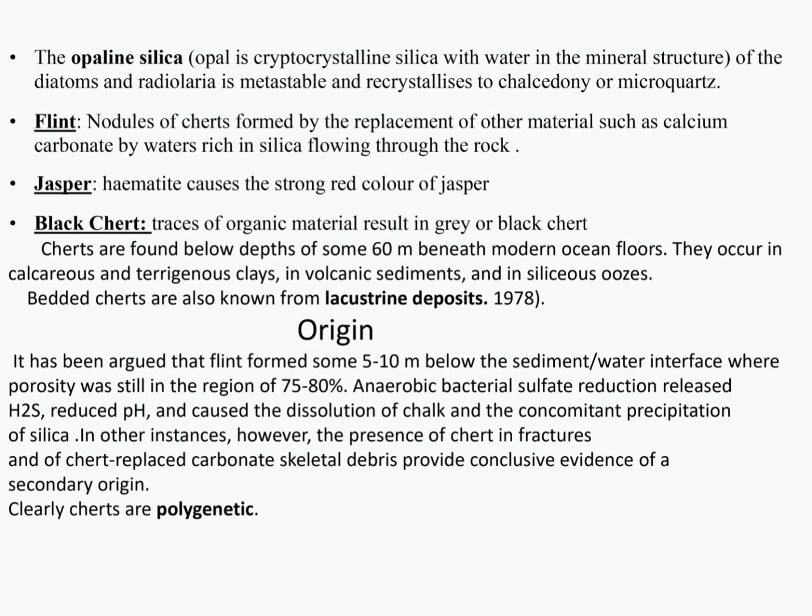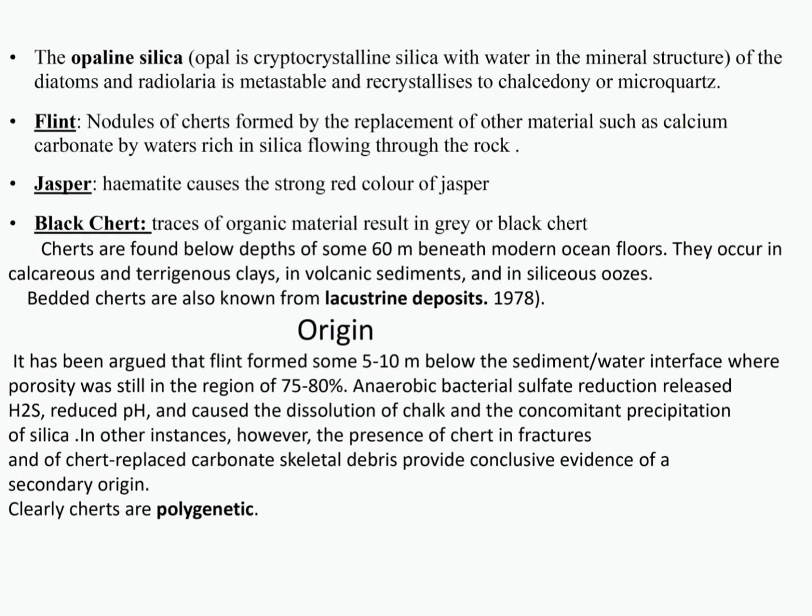As I told you earlier, if we have a calcium carbonate rock and water enriched in siliceous content, the carbonate rock gets replaced by the silica-rich fluids. These are the conditions for the secondary origin of chert.